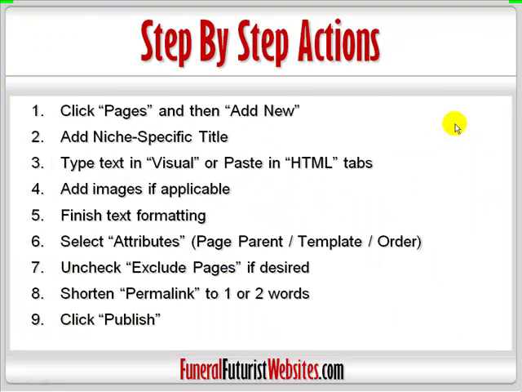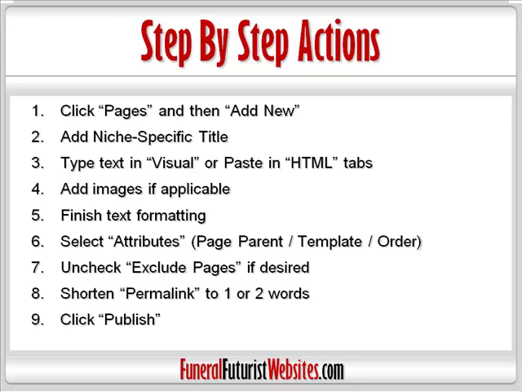So just to review, you click Pages and then Add New. You then add the niche specific title. Then you type in the text in the Visual tab or paste the text into the HTML tab. You add the images if that's applicable. Do your final tweaking of your formatting.